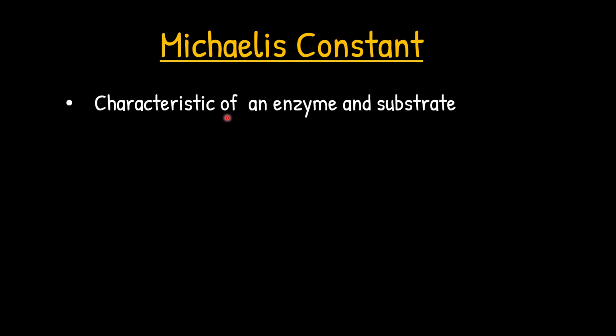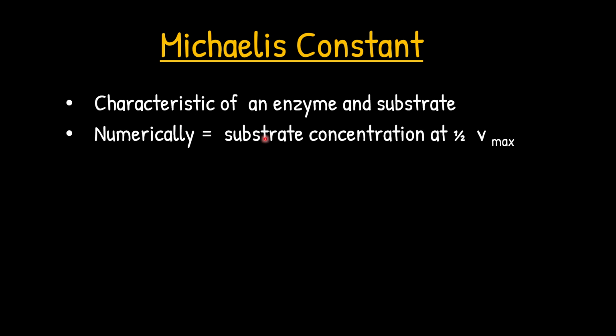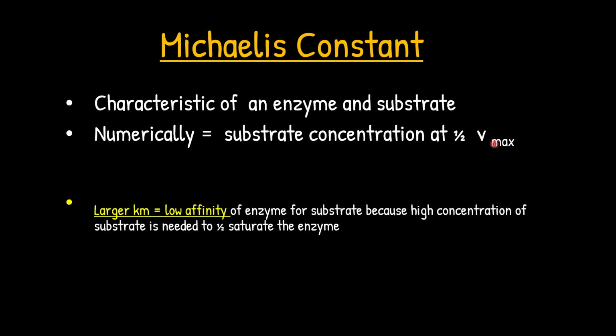Next, about the Michaelis constant. It is characteristic of an enzyme and a substrate. Numerically, we have seen that it is the substrate concentration at half Vmax. If the Km is larger, it means low affinity.